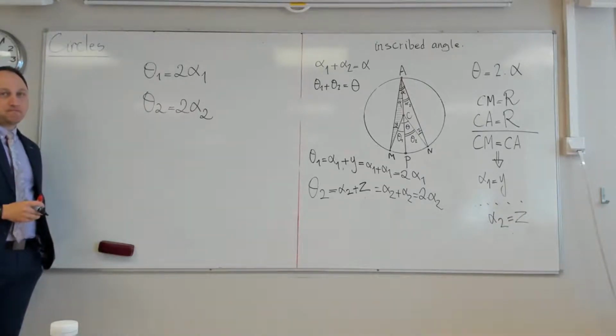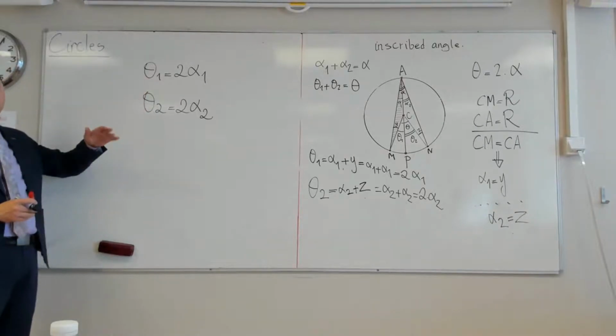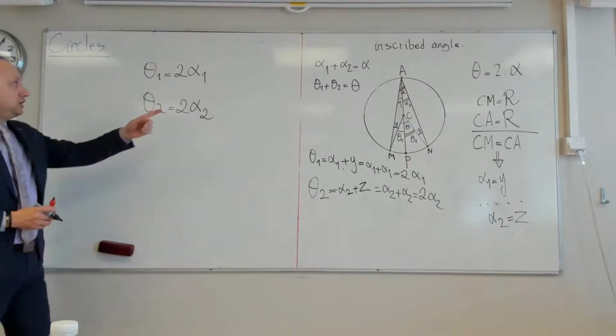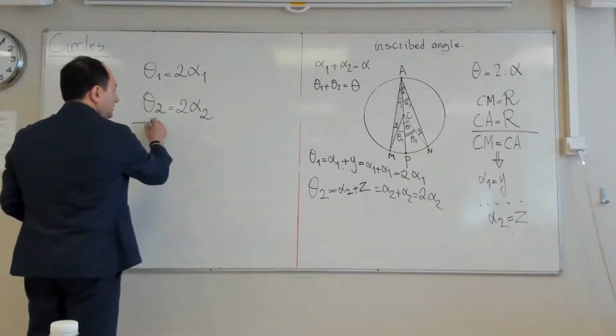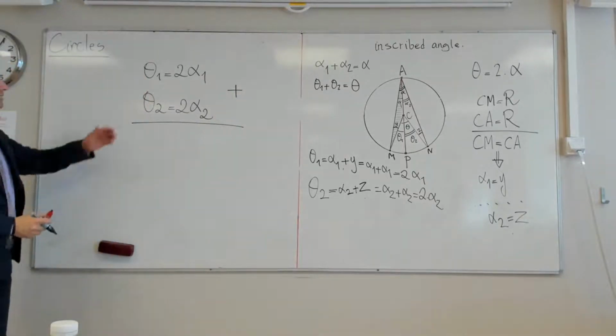So then you can say, well, okay, theta 1 and theta 2 are equal. No. Theta 1 and theta 2 might be equal, might not be equal. We don't know. But we know the sum is theta. No, you need to add them. Just simple as that. You add them side by side.